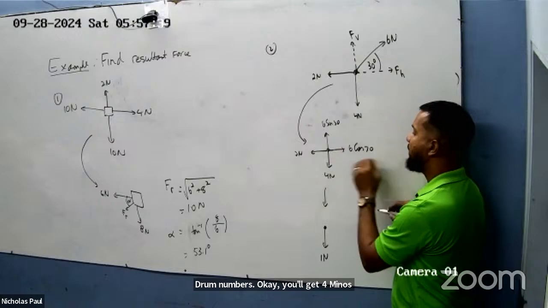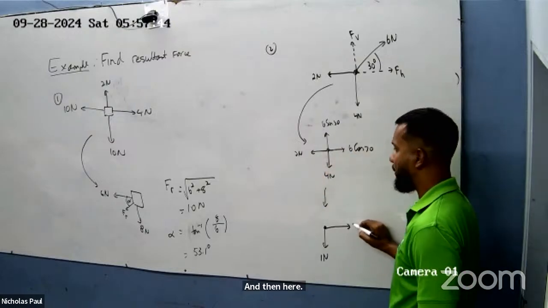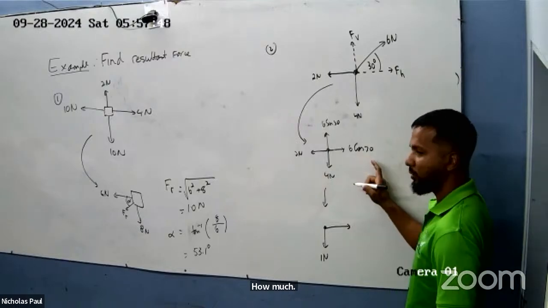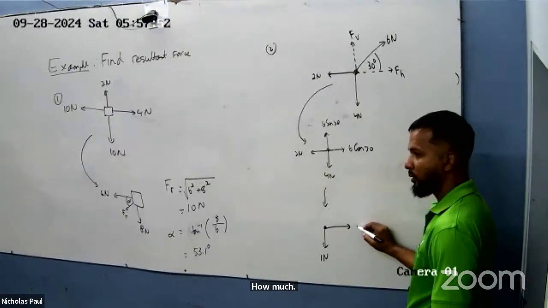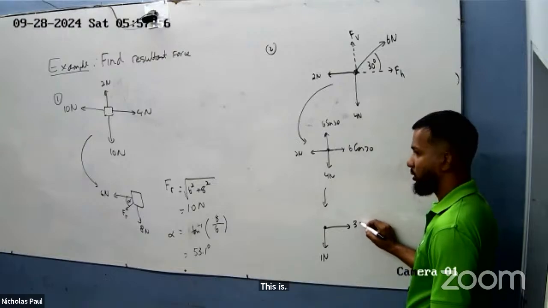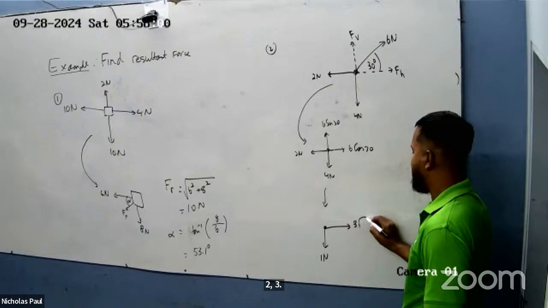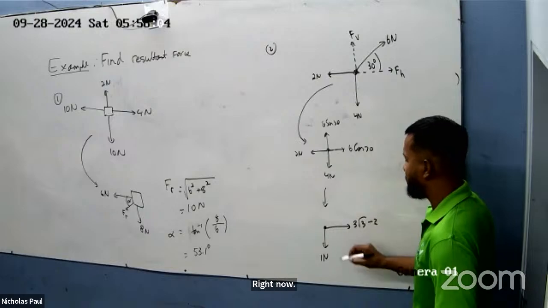And then here, give me the exact one. This is 3 minus 2. So it will be 3 root 3 minus 2. Right? I try not to round up too much.